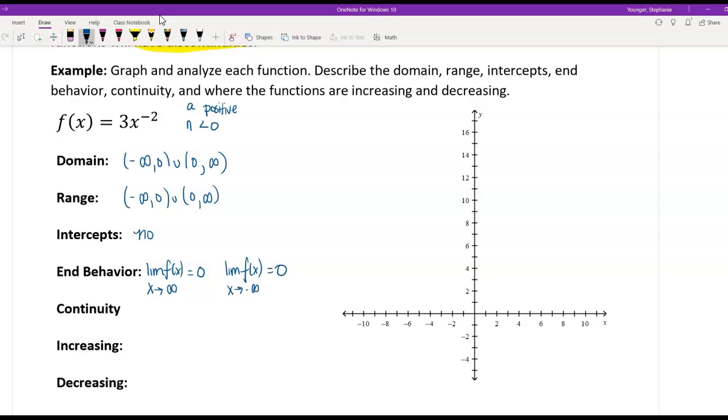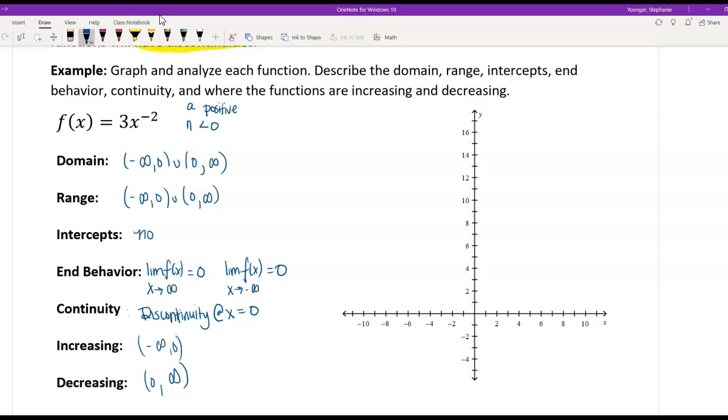We're also going to get to the limit of 0. For continuity, we are actually discontinuous, or there's discontinuity at x equals 0. And we are increasing from negative infinity to 0 and decreasing from 0 to infinity.